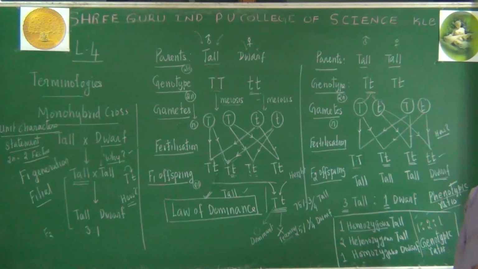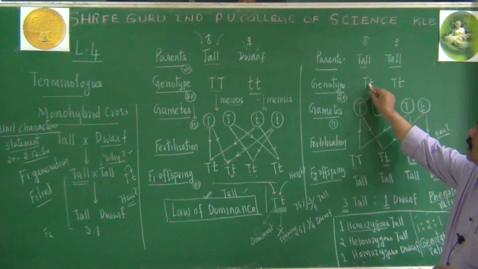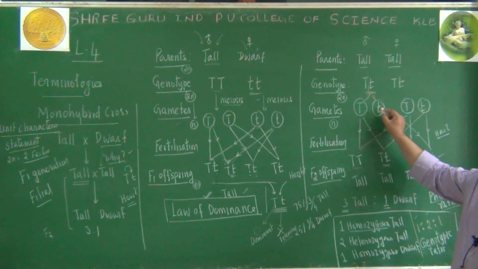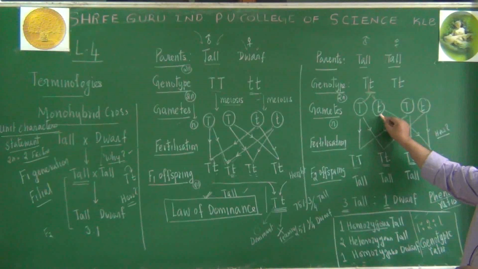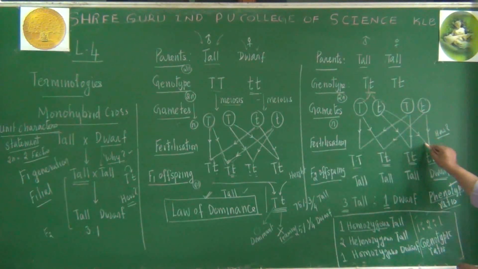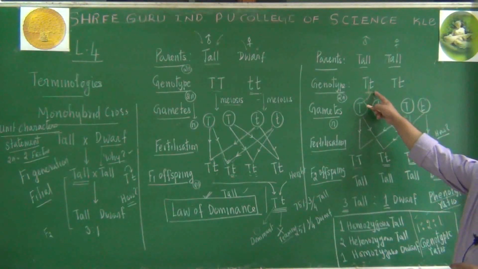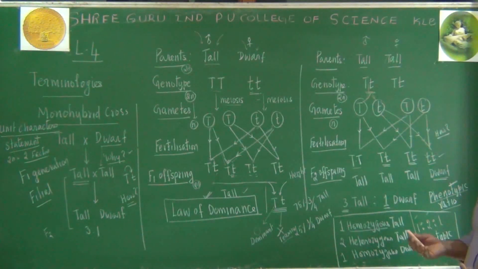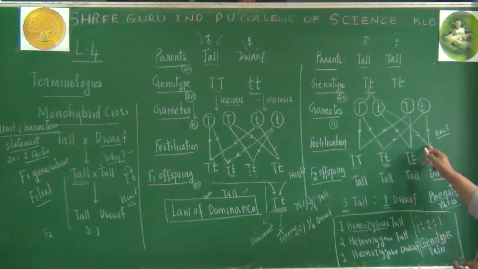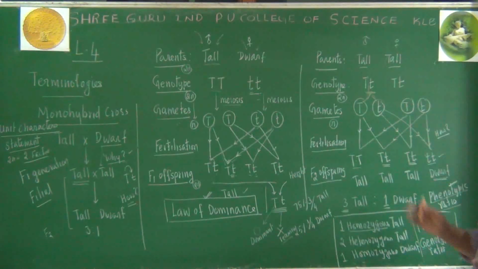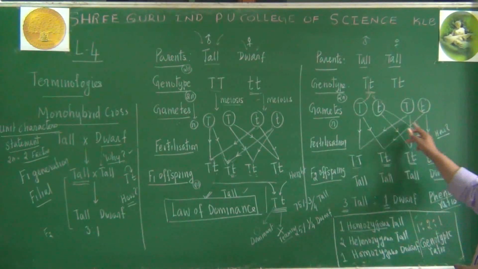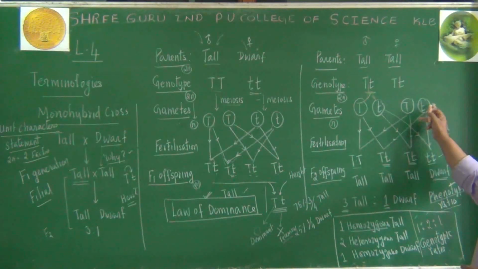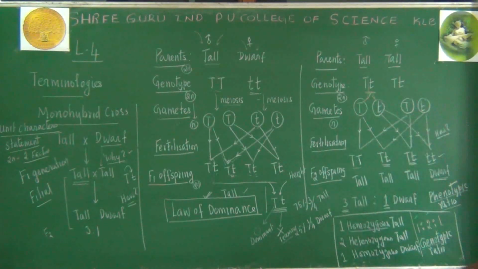In the second generation, small t could separate from the capital T and become a separate gamete, and that is responsible for the formation of dwarfness. Imagine if a small t is not able to separate, what will happen? You will not get a chance of two small t meeting each other. There won't be fertilization between paternal small t and maternal small t.